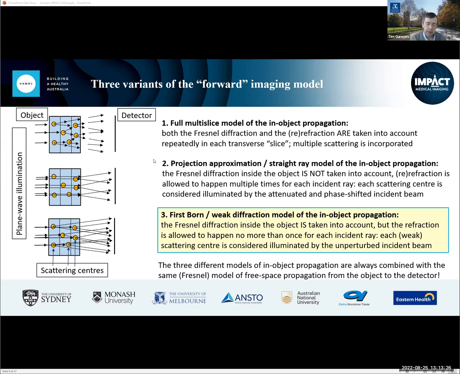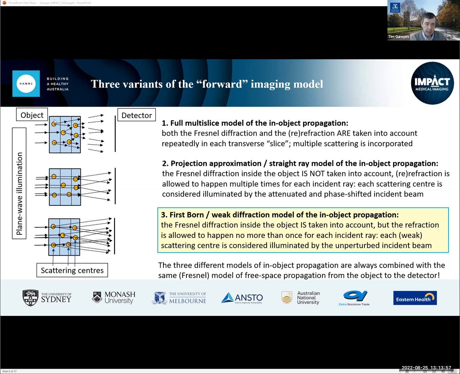Going deeper into the X-ray interaction physics, I would like to mention that there are three basic models which are typically used for describing the propagation of X-rays through the object and interaction of X-rays with the internal structure of an object. The most complete, the most general model is what's sometimes called the multi-slice model.